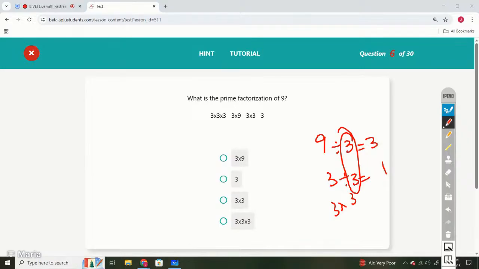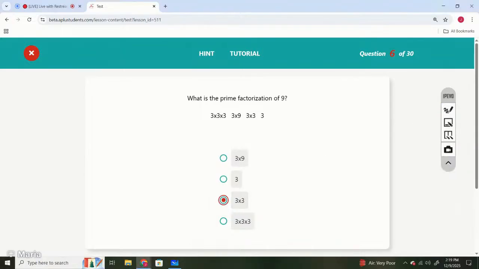The correct option is 3 times 3. Option number 3 is the correct option.